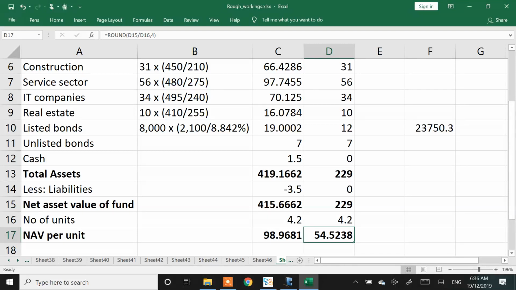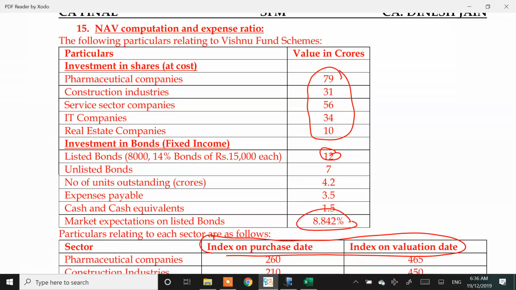Next working note: computation of opening NAV.